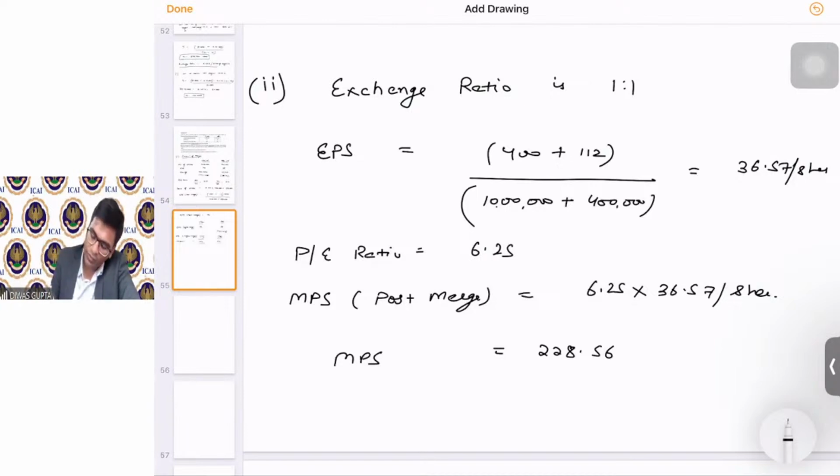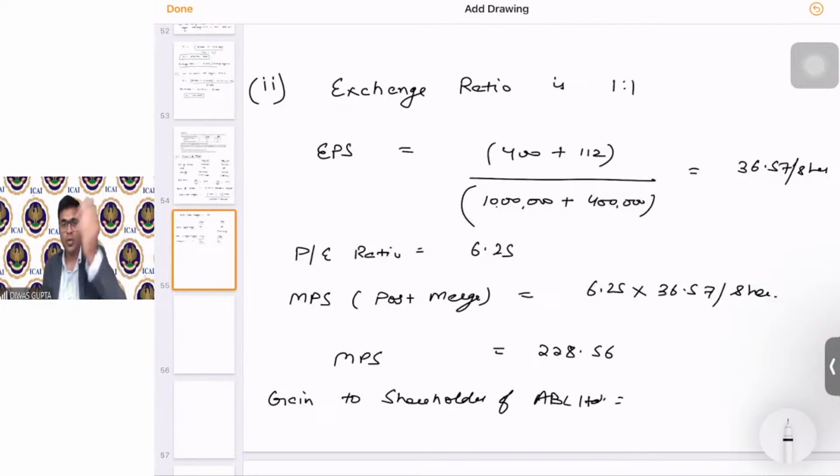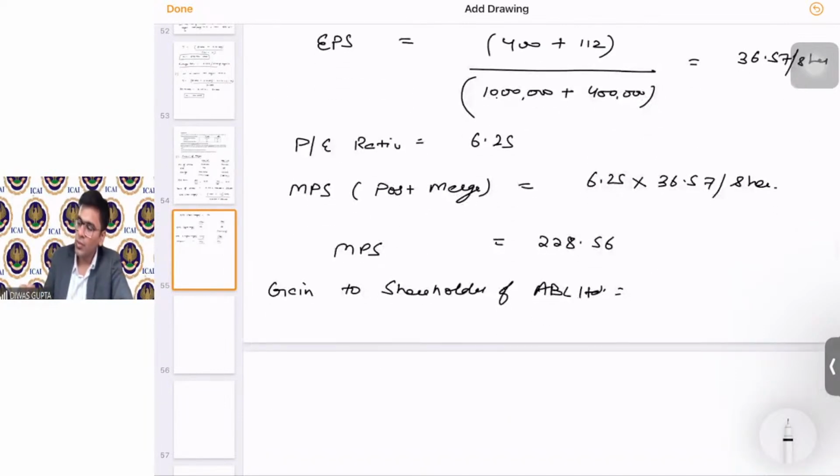Now, if you see what is the gain to shareholders of ABC Limited, which is the target company, the same thing we could have done in question number 10. So 228.56 is the revised price of one share. Why I'm taking this as is, because the ratio is 1:1.